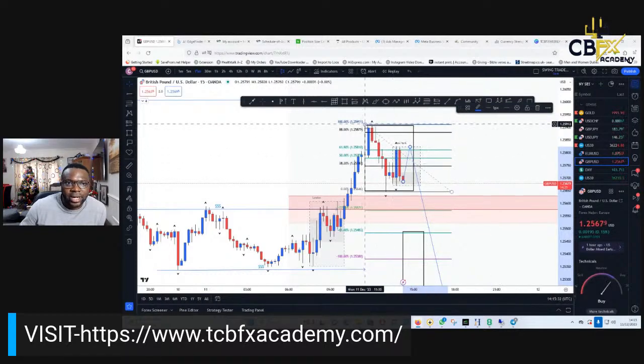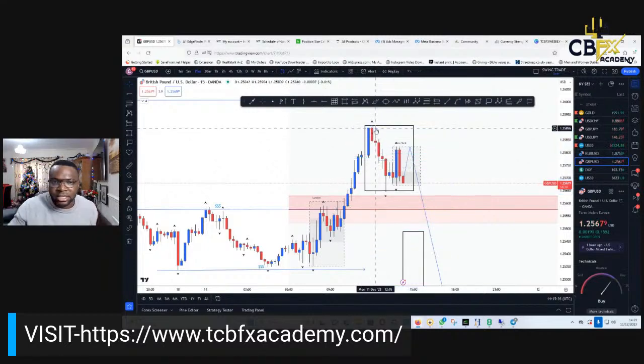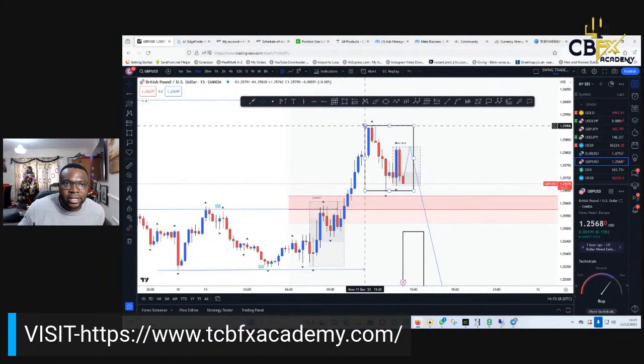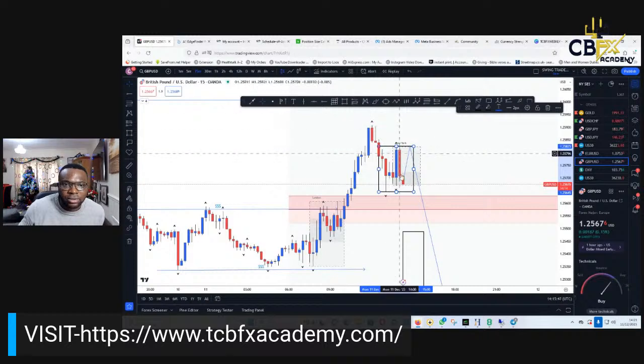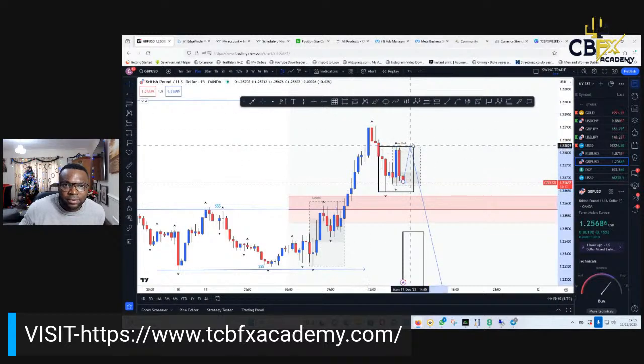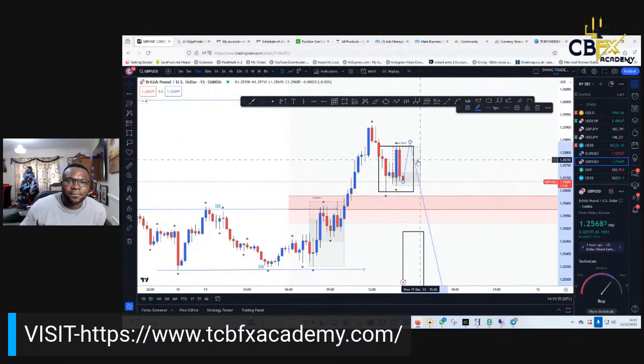So we now have a new internal liquidity range. Let me take that fib off. This is now our new internal liquidity range. So this is what we're looking for. We want a candle to push up, tap into that high, which will not agree with the retracement we're expecting, and then we're going to sell.